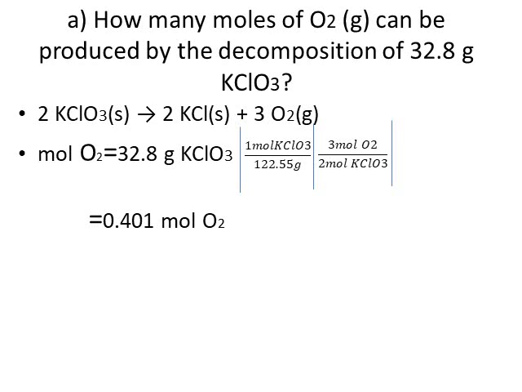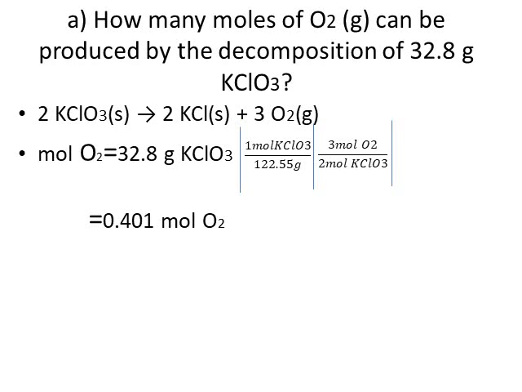So, the number of moles of oxygen will equal the mass of perchlorate that we know, 32.8, multiplied by 1 mole of potassium perchlorate per 122.55 gram.